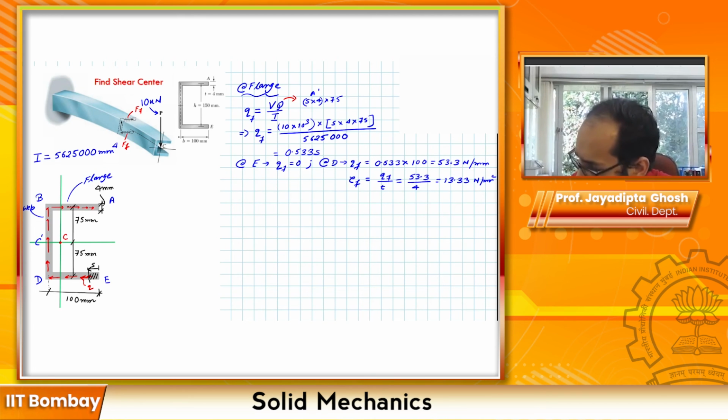As I said, in the web, we get q of web at D will be equal to q of flange at D. That was what we had calculated, that is 53.33 Newton per mm. So correspondingly your taus are also going to be the same.